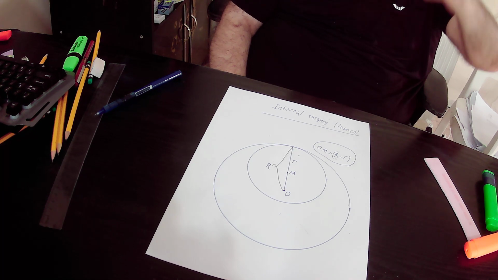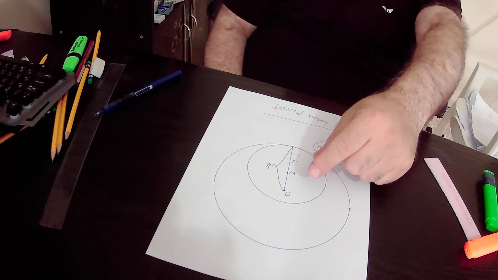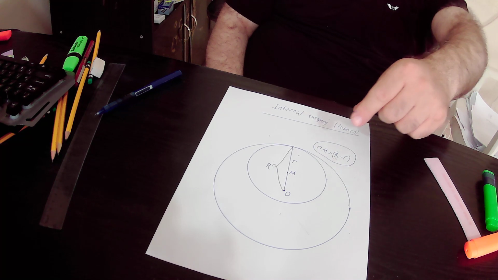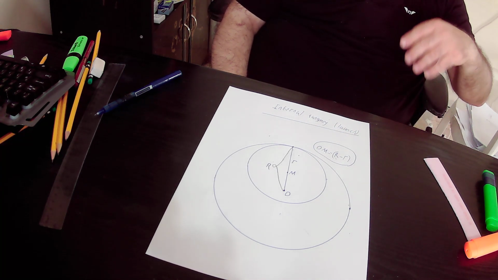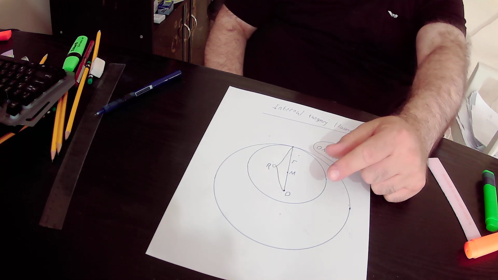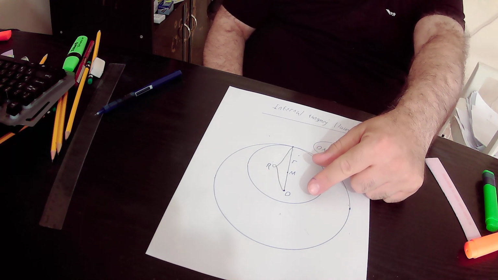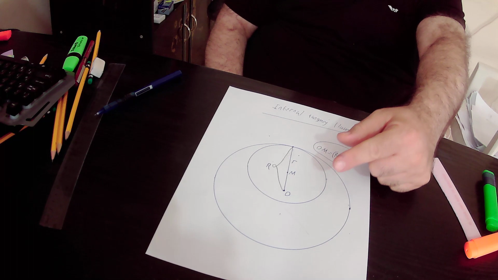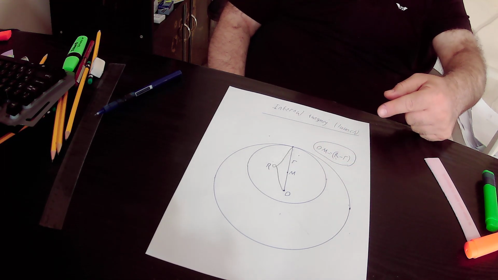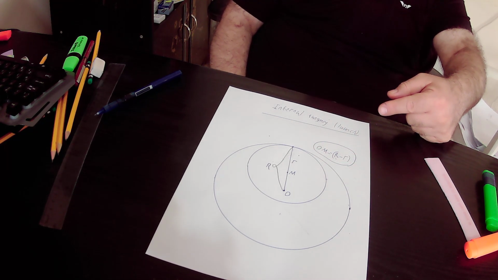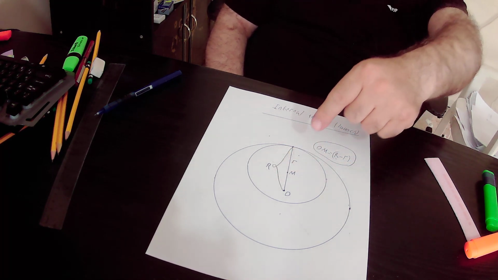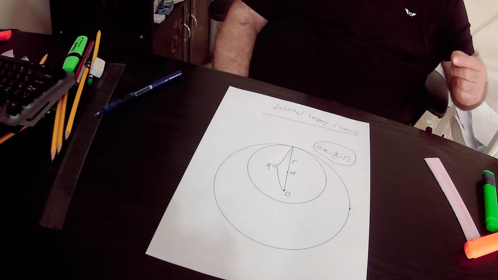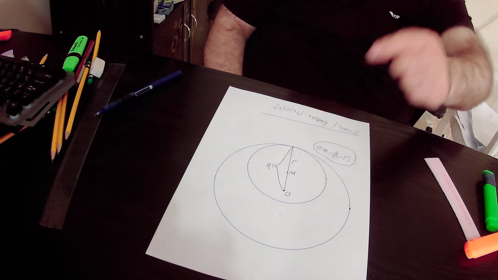And then the distance between the centers of the two circles that have an internal tangency between them, that is to say, the length of line segment OM, will be equal to the difference between the lengths of their radii. In this case, OM equals capital R minus small r.